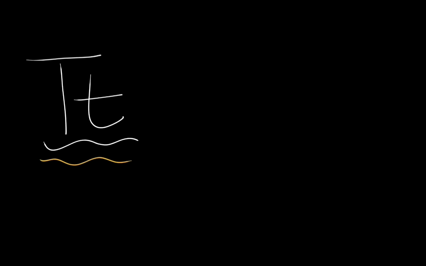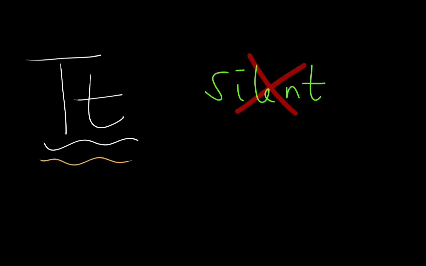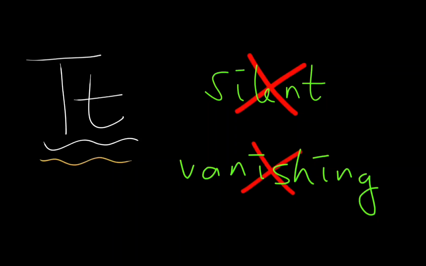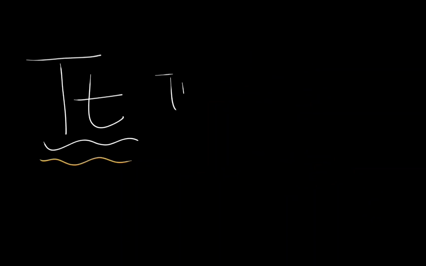There's one more case about the native Hiligaynon consonant ta. It is never silent or vanishing. It means it is always sounded even if it follows the consonant na or the letter N. Let's take, for example, the English word internet.